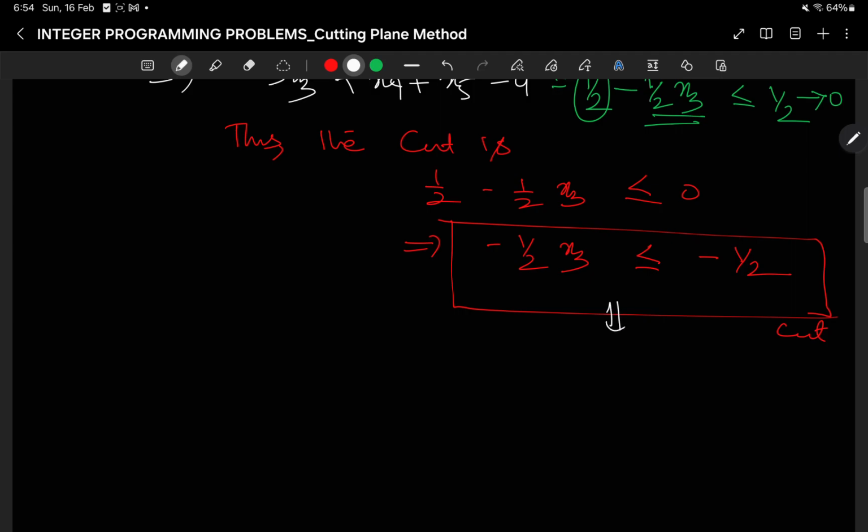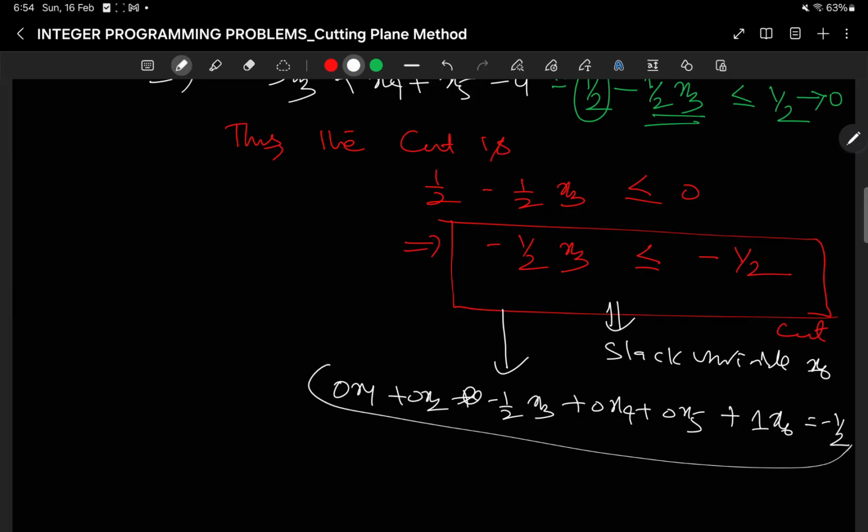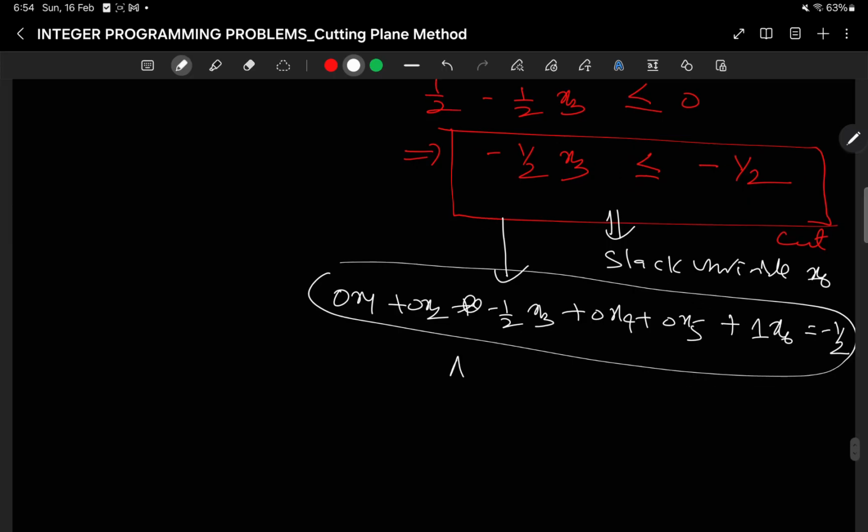So we add a slack variable x6, and we write it: 0x1 plus 0x2 plus minus half x3 plus 0x4 plus 0x5 plus 1 into x6 is equal to minus half. Now we introduce this in the simplex table.